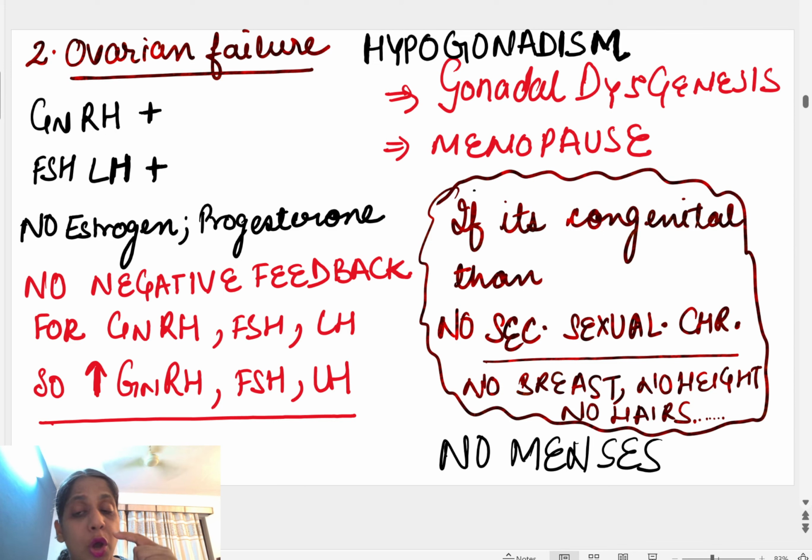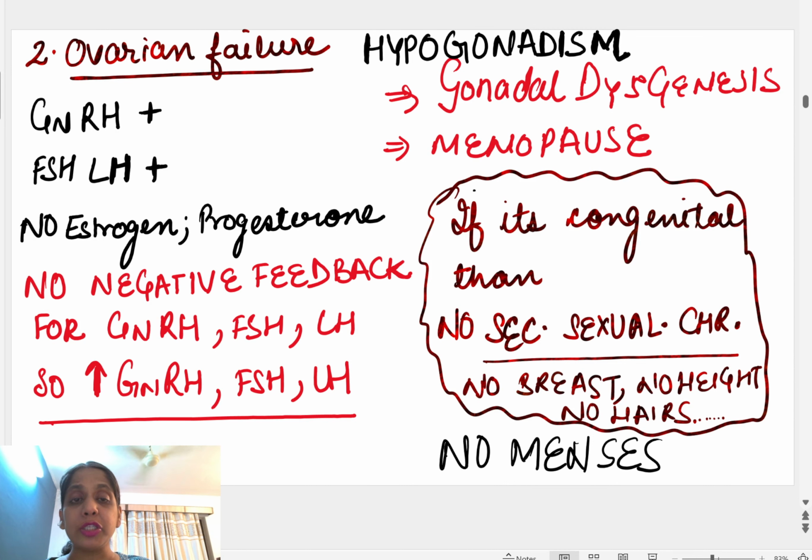Now, you saw that in the menstrual cycle, estrogen was giving the negative feedback response to the hypothalamus. When was the hypothalamus getting negative feedback? When the estrogen level was more than 200 picogram per ml, right? We discussed that. That level will never be achieved because the ovaries have failed. So the gonadotropin releasing hormone and the FSH, LH will be much higher.